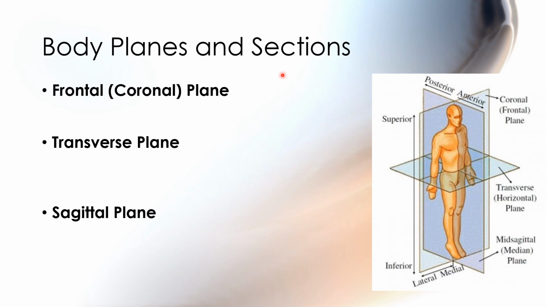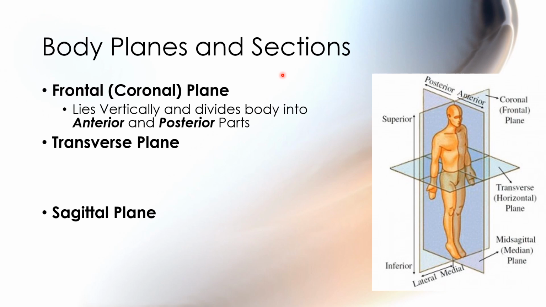So we can cut the body into a frontal or coronal plane. And so this is going to be a vertical division. Okay, so if we look at our little picture over here, here's our coronal plane right here. So essentially think of a crown on somebody's head and then cut it.